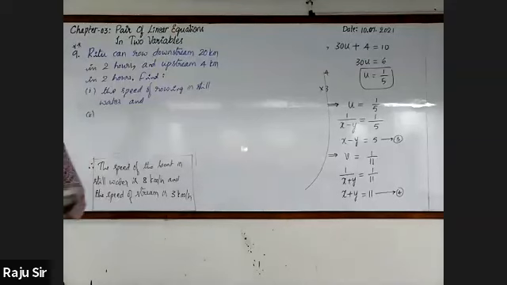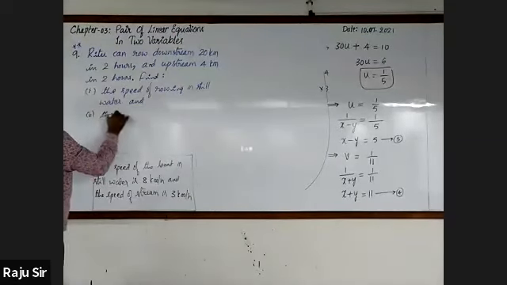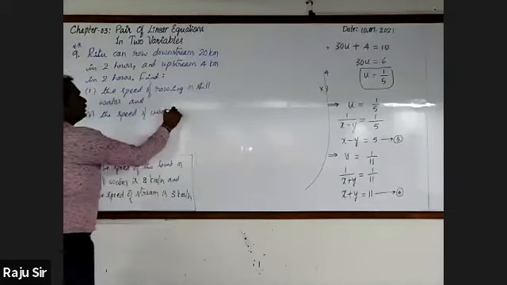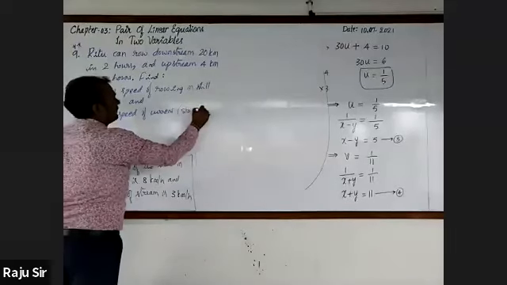Current means running water or flowing water, and the speed of current, in bracket you may also write stream.